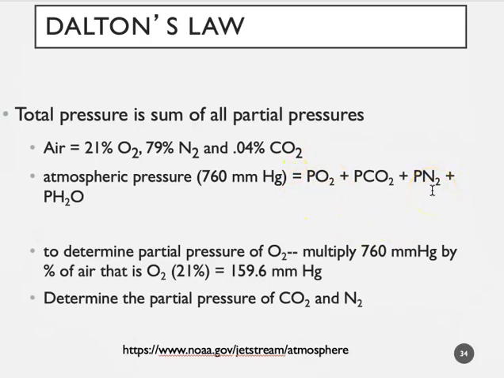If we were using the more precise numbers with decimal points, we would also be able to factor in the contributions of carbon dioxide and water vapor. But for our numbers, this makes sense. Simply, you multiply the atmospheric pressure times the percent of the air that gas is, whether it's 21%, 79%, or 0.04%.